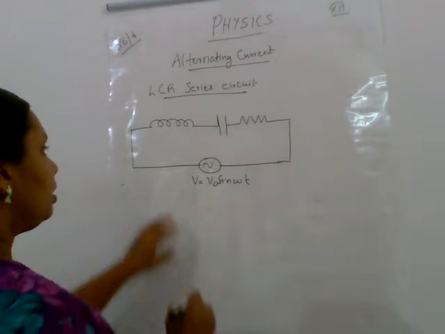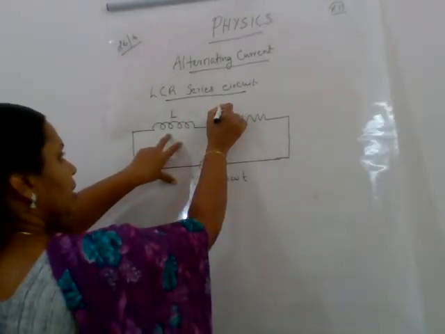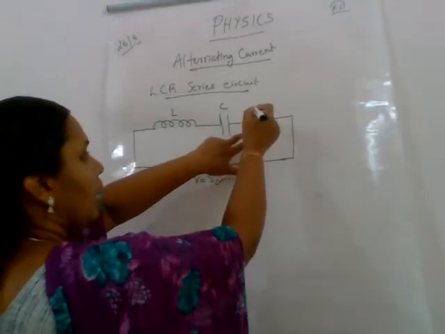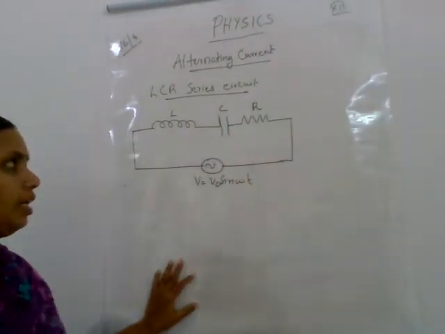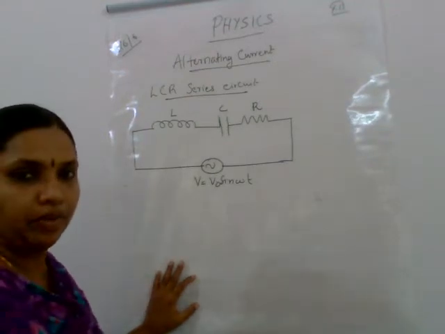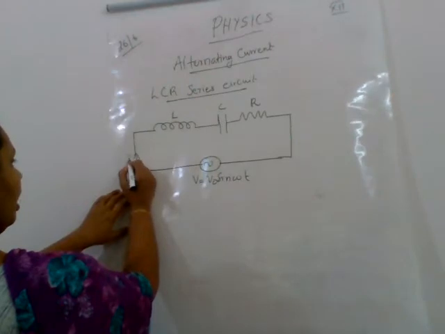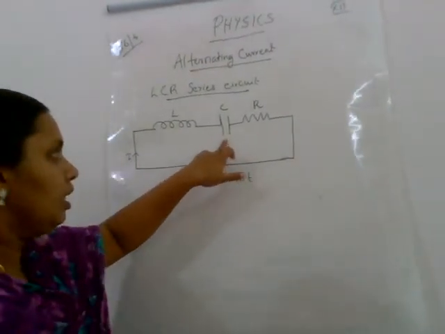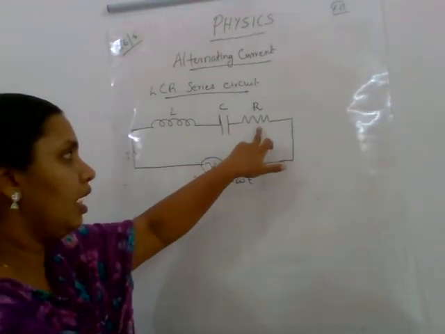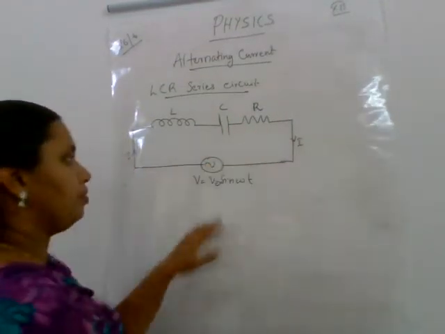Here this is the inductor of inductance L, capacitor of capacitance C and resistor of resistance R. So we know there is a current I across inductor, capacitor C and resistor R, and that I comes back.